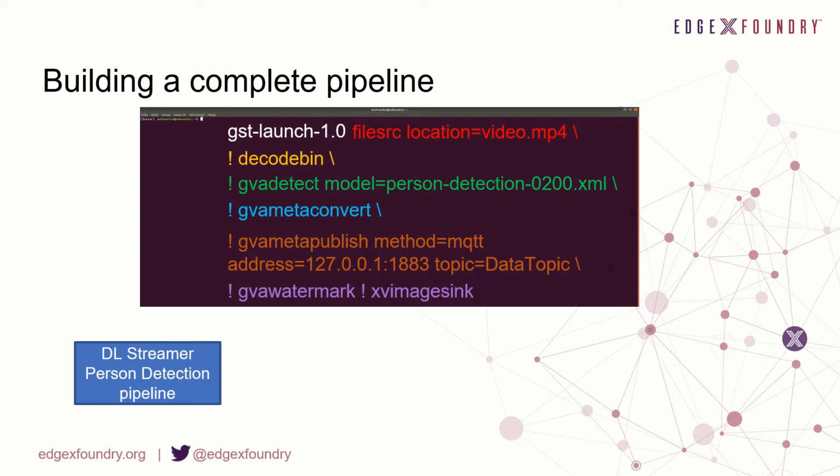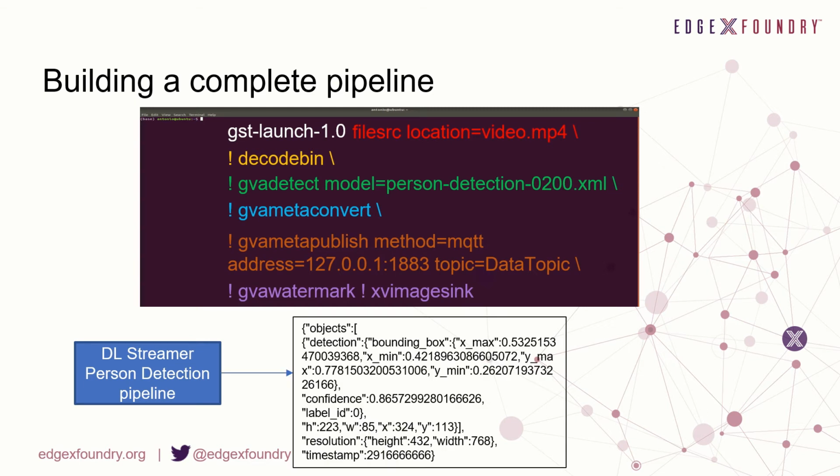So this is going to look something like this. We have the DL Streamer person detection pipeline that we just created based on those commands above. This is going to generate the following JSON message. As you can see, we have the objects attribute, which has an array, and we have the detections. In this case, we only have one. We will get information of the coordinates with x_max, x_min, y_max, and y_min.